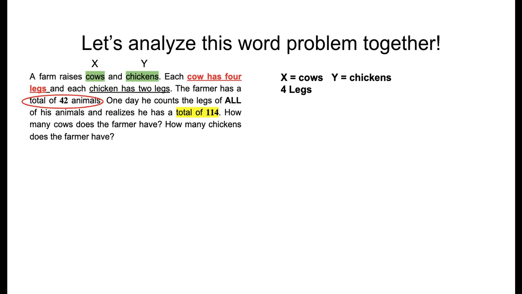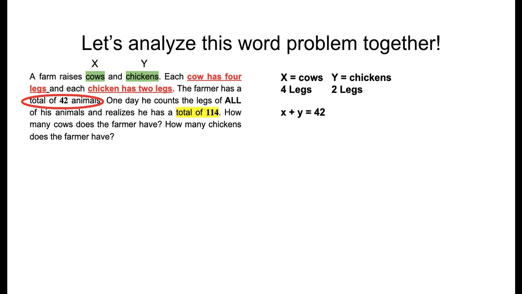And each chicken has 2 legs, so we can write 2 legs under chickens. The farmer has a total of 42 animals. So if there are cows and chickens, X and Y, and it's a total of 42, we can write that as X plus Y equals 42.